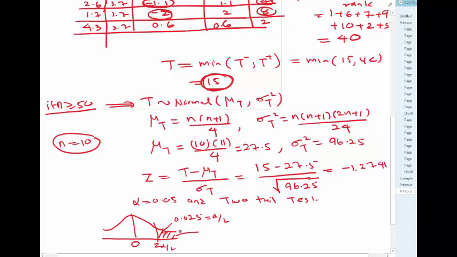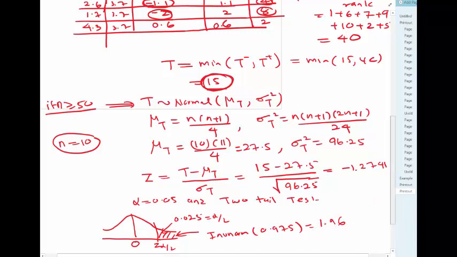That's going to be the inverse norm if you use a calculator, 0.975, and that's going to be 1.96.